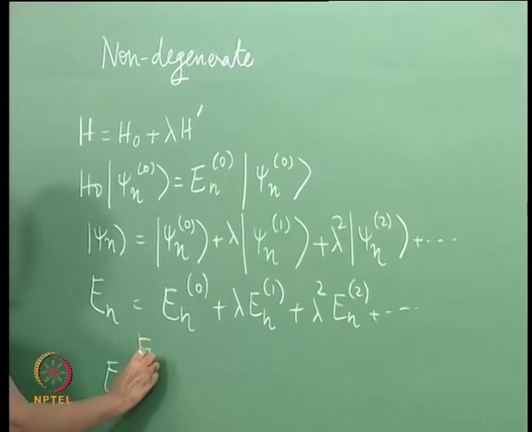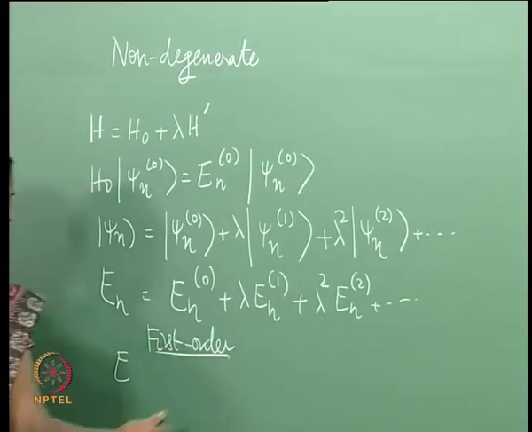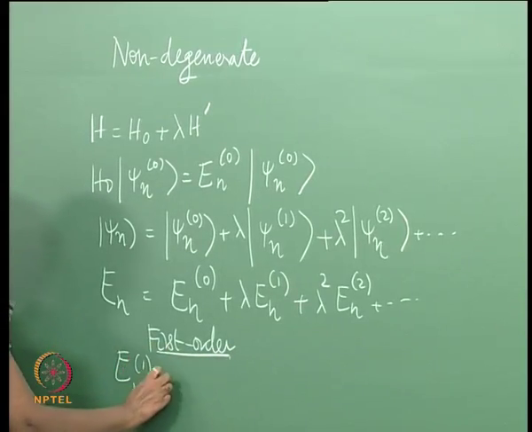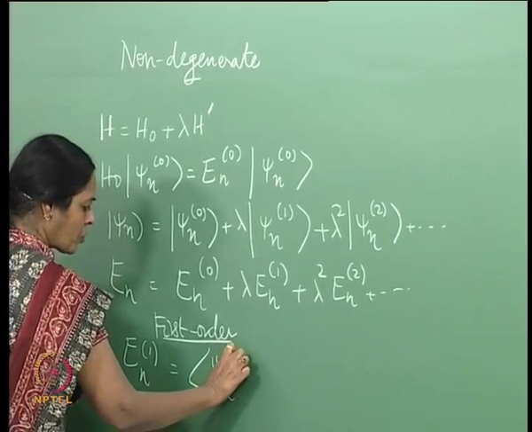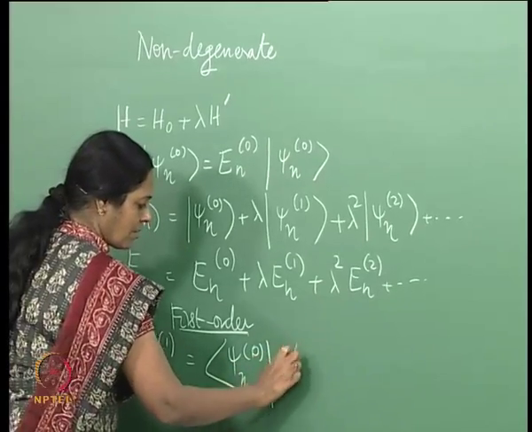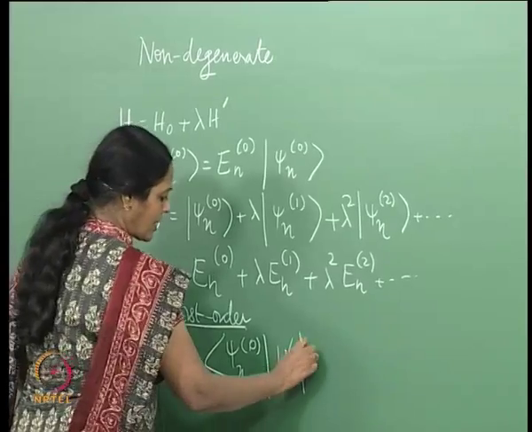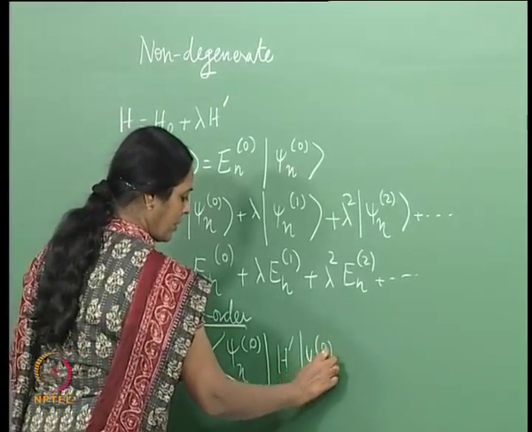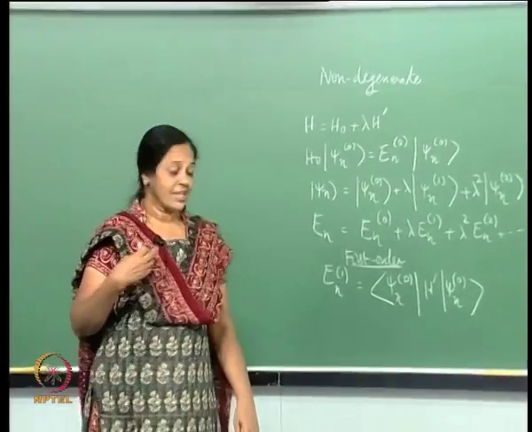We were looking at first order perturbation theory, and the contribution to the first order of the energy was the matrix element of the perturbing Hamiltonian in the 0th order state, psi n 0.